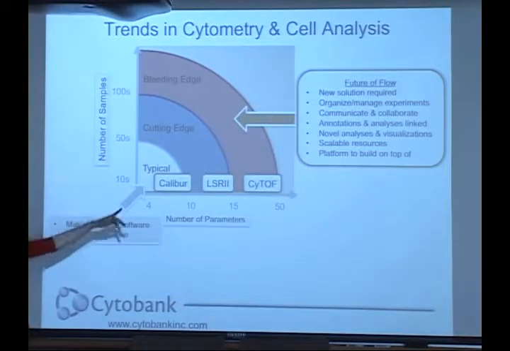But really, we're pushing towards the future of flow, which includes high dimensionality as well as high parameter analysis, and the communication and collaboration which comes with that. From the person who designs the experiment to the technician working through it, as well as to the clinician and the researchers making those actionable decisions at the end.